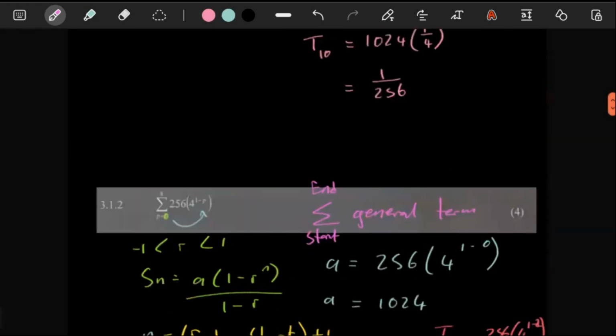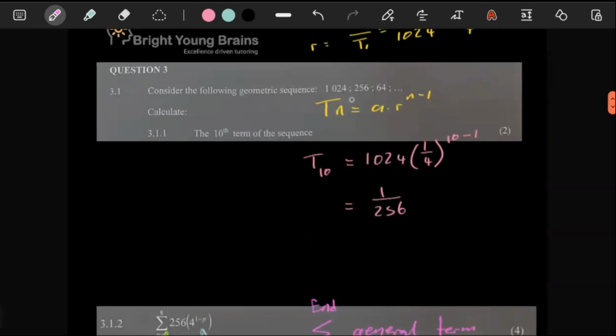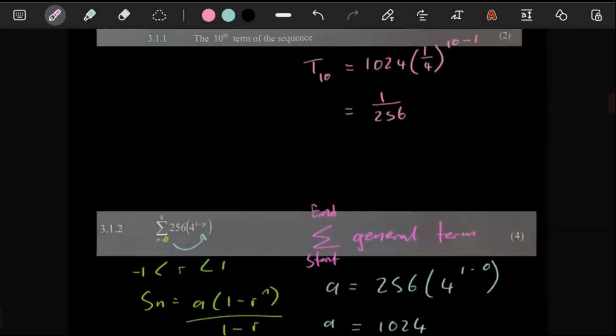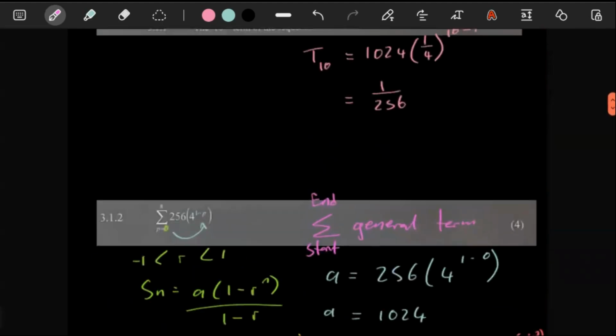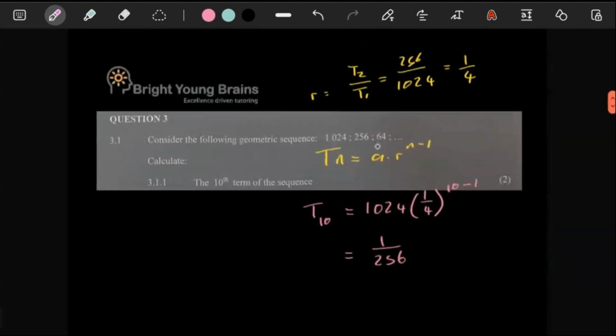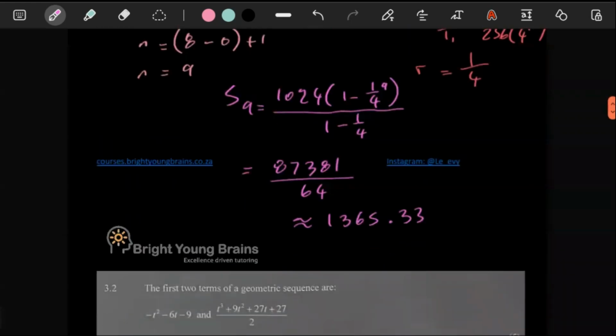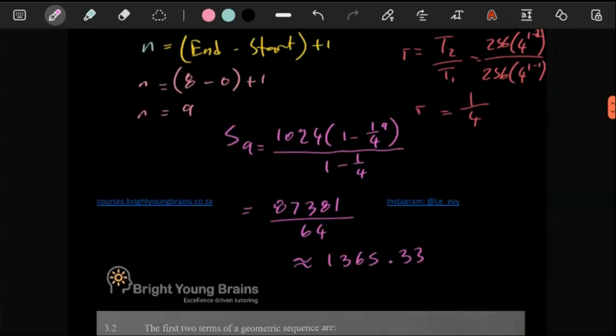Look, 1,000 and something, if you add this, you're going to get 1,300 and something. And then if you add the rest, no, I'm not liking this answer. Let me actually see something. Wait, what is plus 32? This answer can't be right.